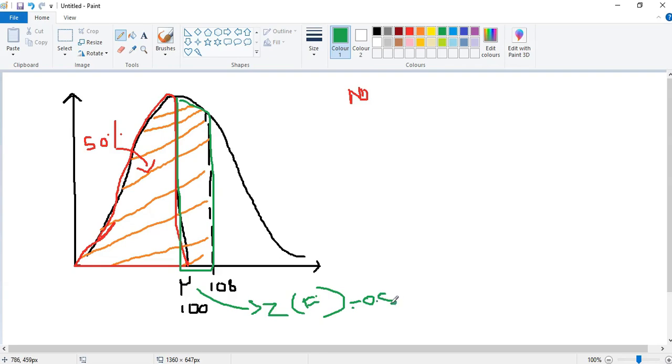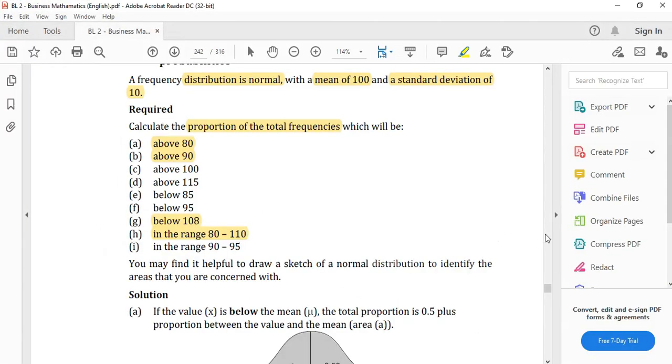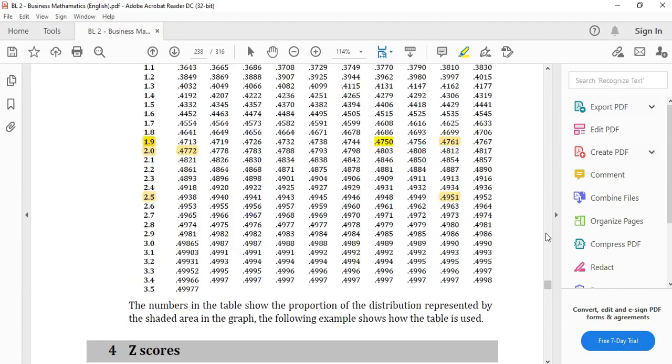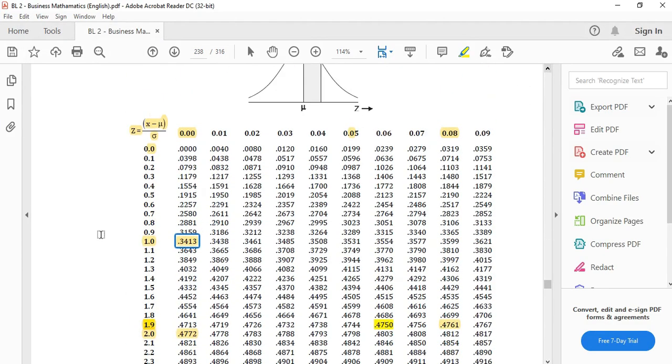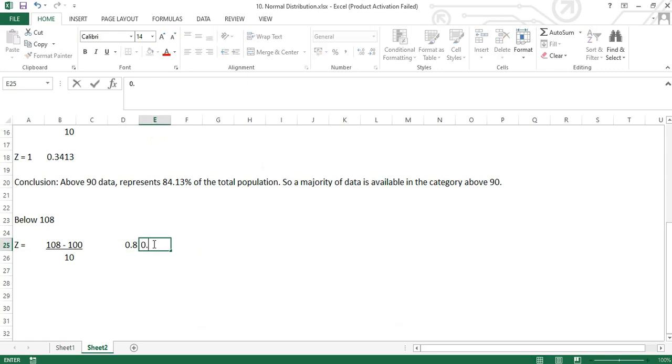If Z is 0.8, what's the probability value based on the normal distribution table? Go to the table. 0.8 is here, and we don't have any second decimal places, so we select the first row, first column of 0.00, so that it remains at 0.8. The answer is 0.2881, which is 28.81%.